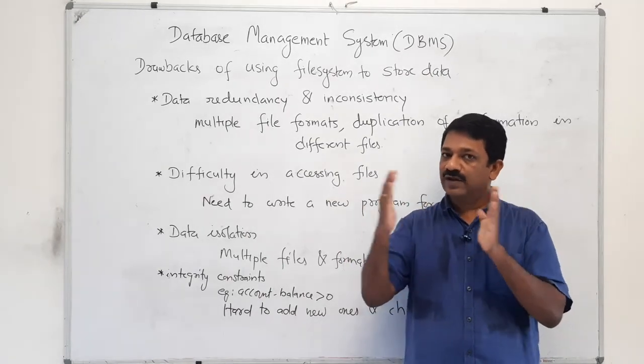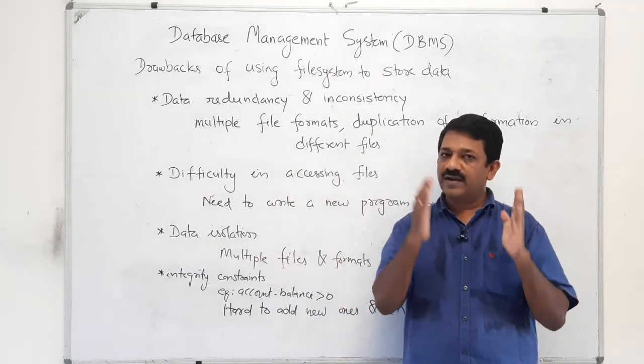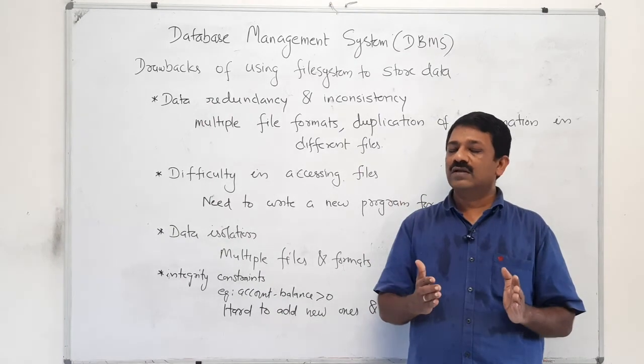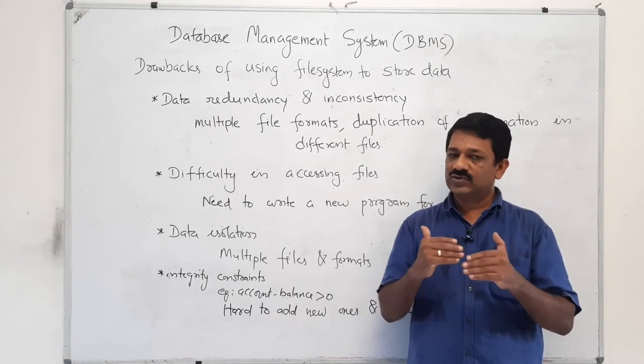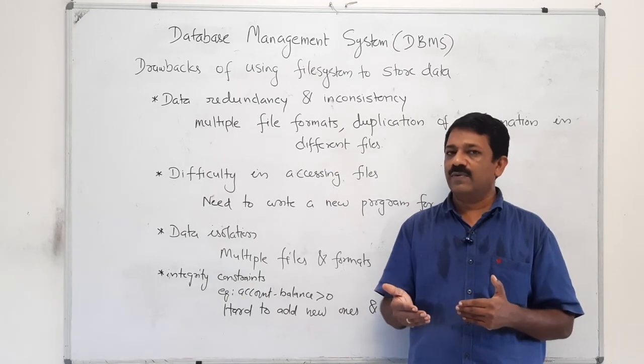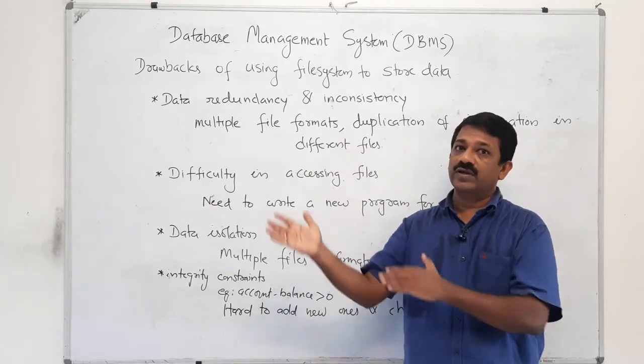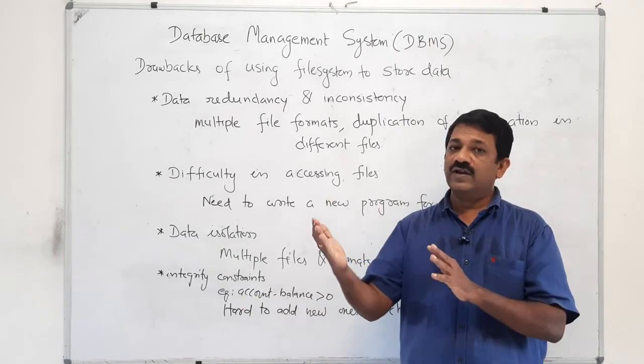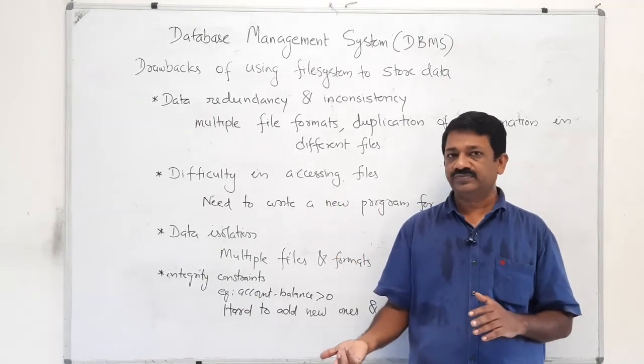That means in different files your address may be stored, and if you want to update your address, what will happen? You have to update all the locations, and you should know in which different locations your address is stored.